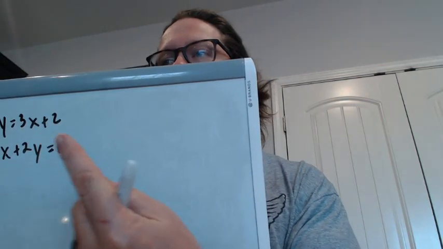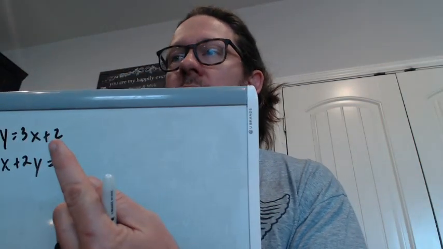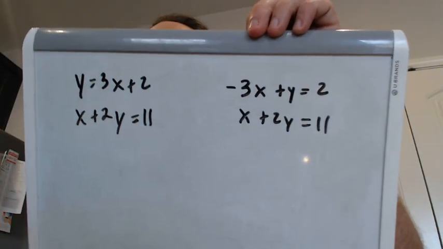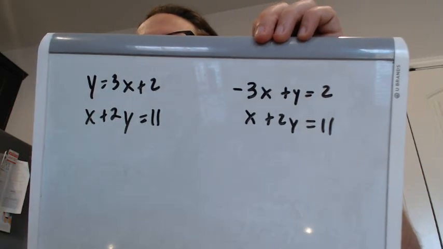So what I'm going to do if I want to do elimination is I'm going to take that 3x and just move it over here. So if you simply subtract the 3x from both sides, just some basic subtraction property of equality, you get this, right? So notice the top equation, I just moved the 3x over, right?